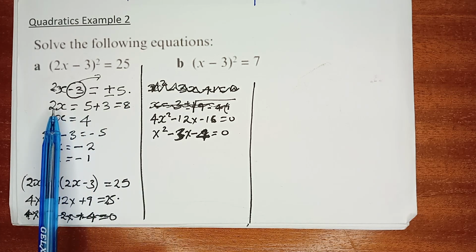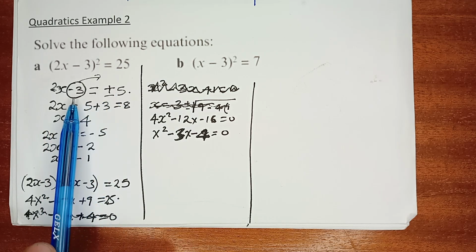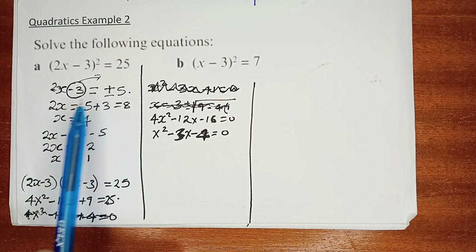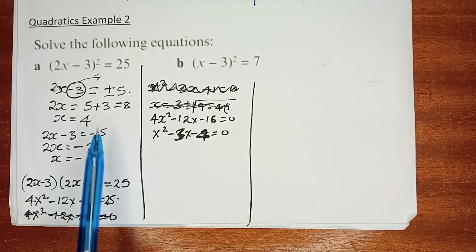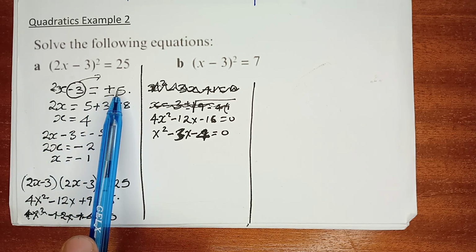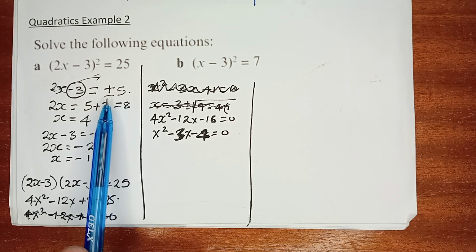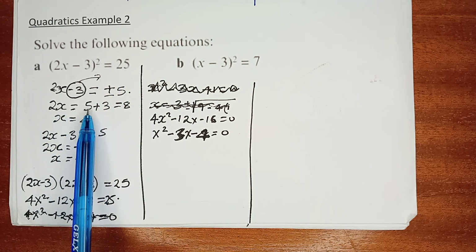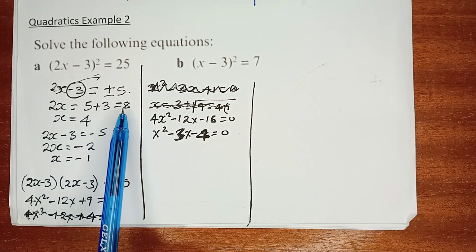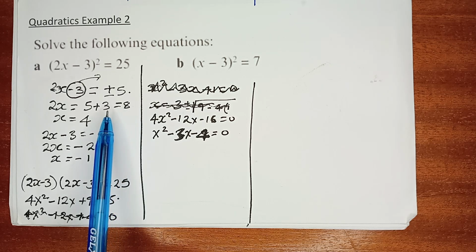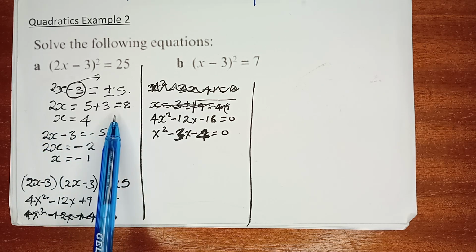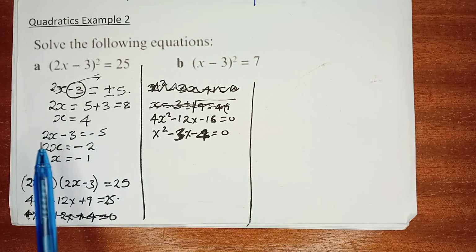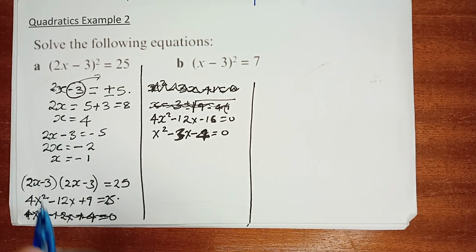And we want to make x the subject of the formula, so we would wish to take negative 3 across, and first of all, take positive 5 to be the solution, because both positive 5 and negative 5 are the square root of 25, and therefore 2x is equals to 5 plus 3, which is 8. And if this is true, then x is equals to 4, having divided both sides by 2.